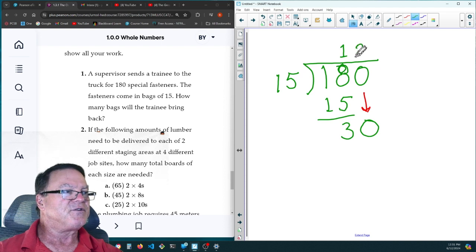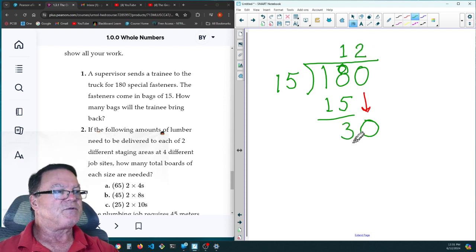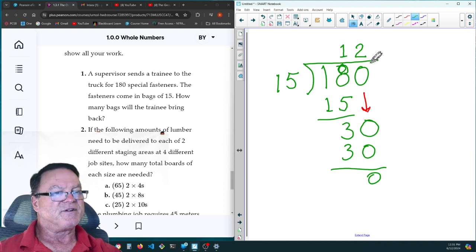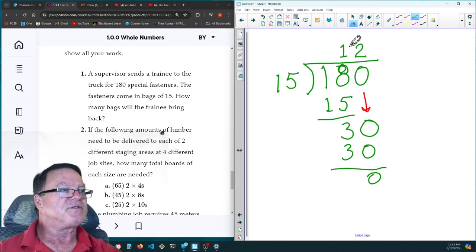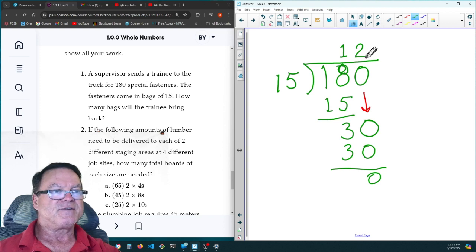And the answer is 2. 15 times 2 is 30. So we'll write the 30 underneath and subtract, get 0 with a 0 remainder. So it'll take 12 bags of fasteners. 12 bags at 15 fasteners per bag will give us 180 fasteners.